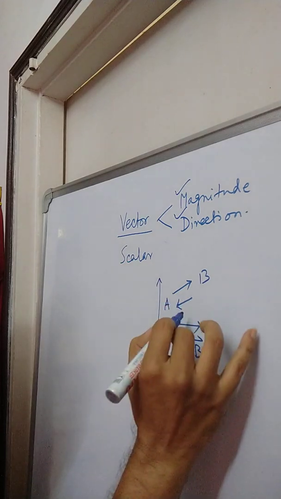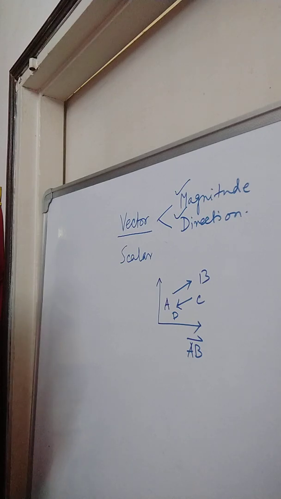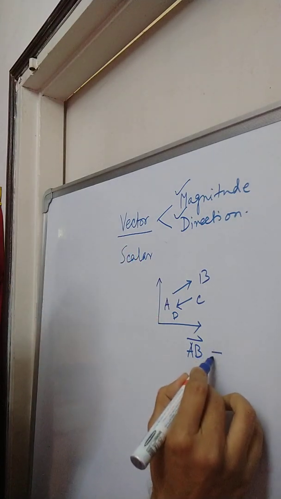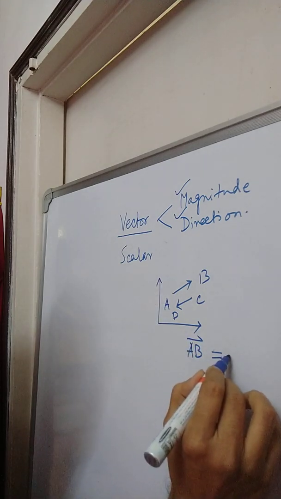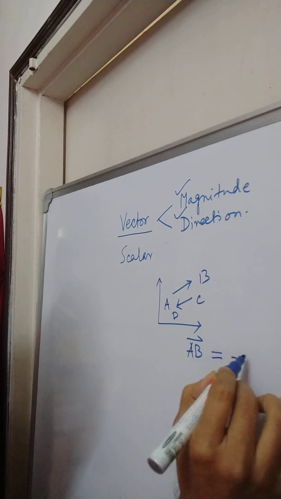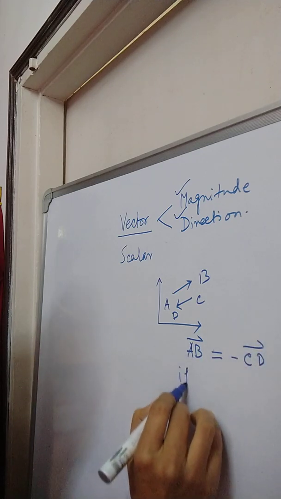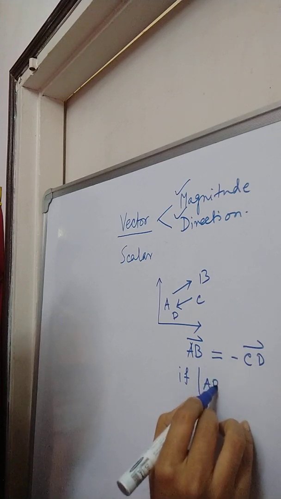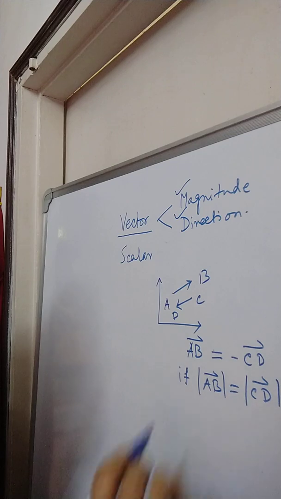We may have another vector CD which is parallel to AB, but in the opposite direction. So, we can write AB vector is equal to minus of CD vector if magnitude of AB is equal to magnitude of CD.